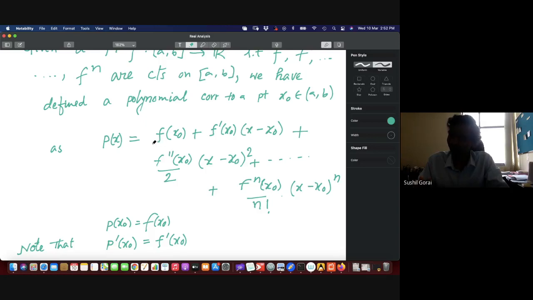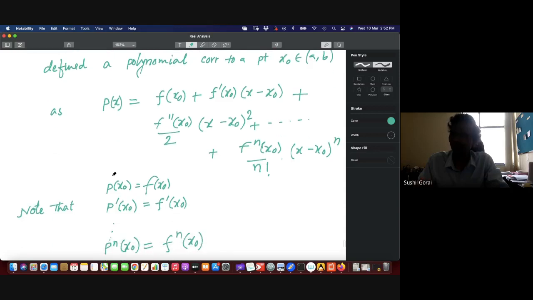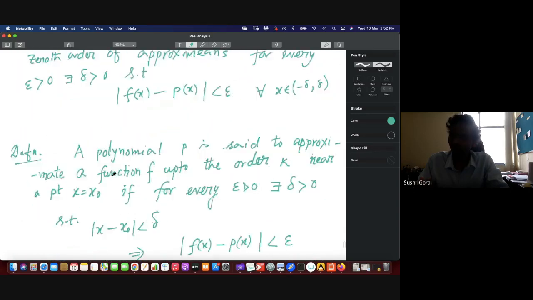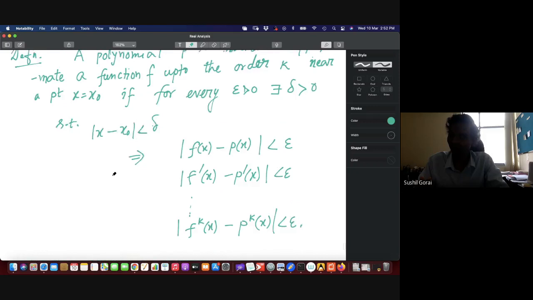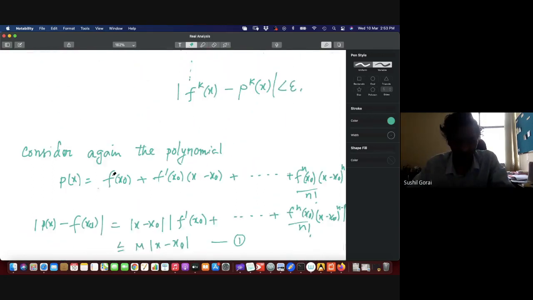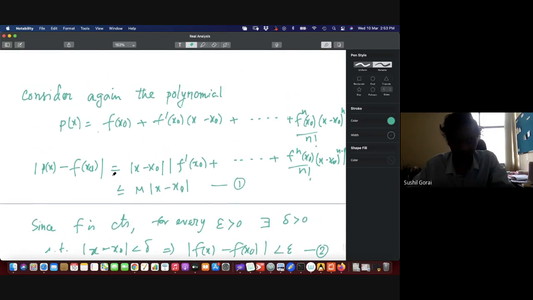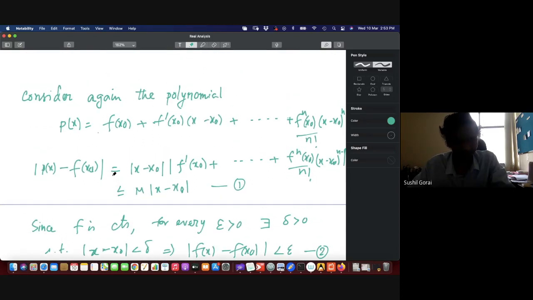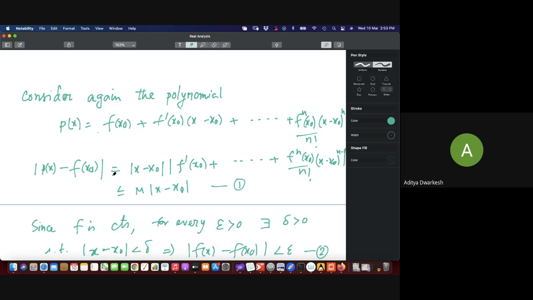A polynomial with these coefficients up to the order n will not just approximate, but will have the same derivatives as f. And if you do that, then up to that order it will be unique. Is this clear now? Yes, sir, it's clear.